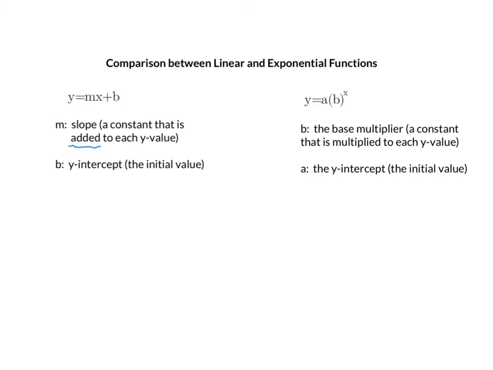When we talk about exponential functions, we have two concepts that are almost the same. Instead of having a slope, we have something called a base multiplier. This is the b inside the equation, the one that has the exponent attached to it. Like the slope, which is added to each y value, the base multiplier is a constant that is multiplied to each y value.